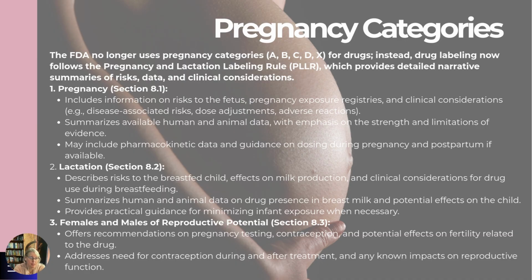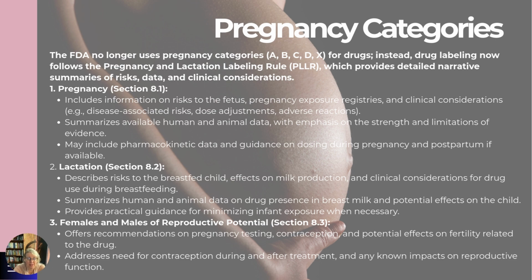Pregnancy section 8.1 includes information on risks to the fetus, pregnancy exposure registries, and clinical considerations. Then they summarize the animal and human data, and they may include some pharmacokinetic data and guidance. In the postpartum, there's also one for lactation, and there's one for females and males of reproductive potential.